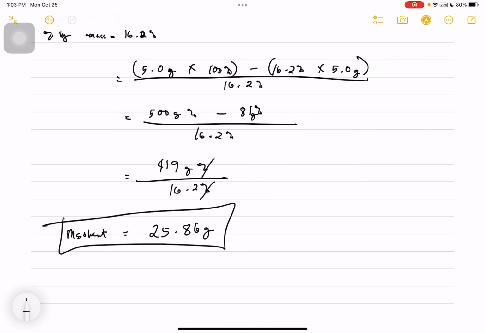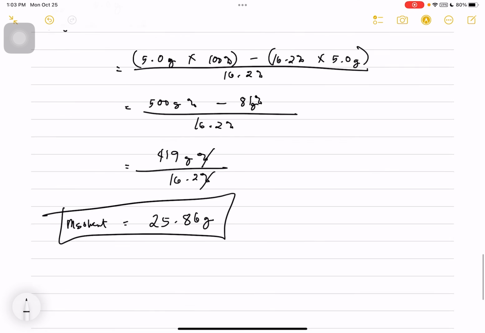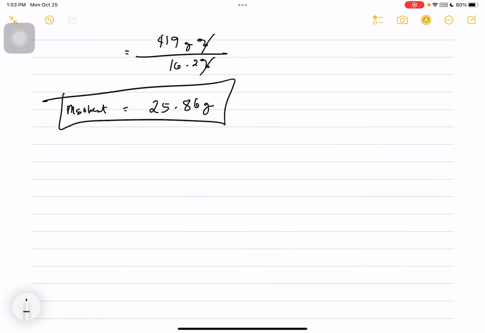Now let's check if 25.86 grams of water will give us a 16.2% by mass of the urea in water. So let's go back to our first formula, which is percent by mass is equivalent to m solute divided by m solute plus m solvent times 100%.